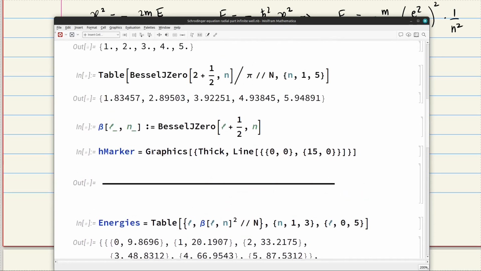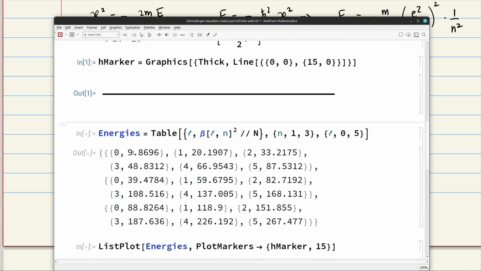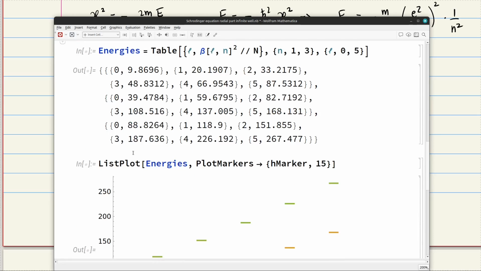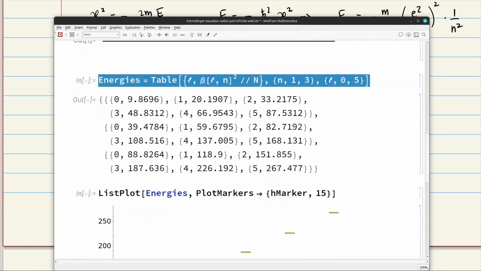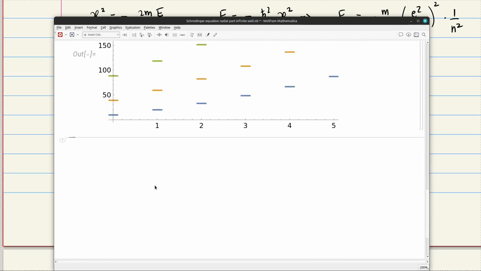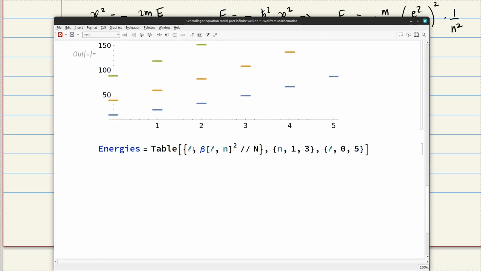Let me redefine this because I'm going to use it, and I want to now use exactly this, but for this new result. So I have L. So this was the spherical box.